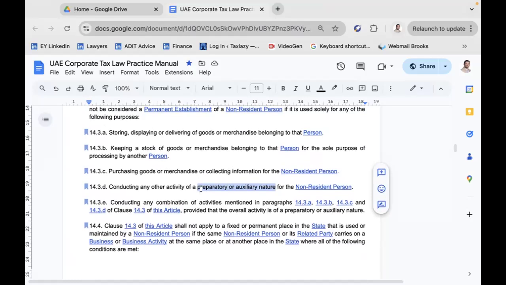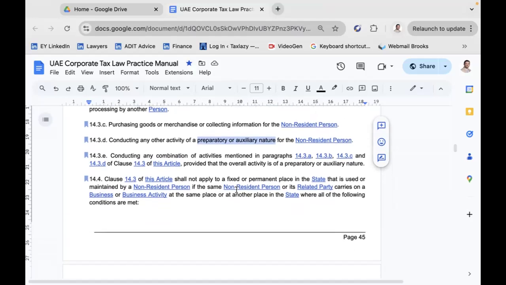Where a person does any activities of preparatory or auxiliary nature, if that is the case, then that place in UAE will not be seen as a permanent establishment. Okay. This is something for us to remember. Conducting any combination of activities provided that the overall activity is of preparatory or auxiliary nature.